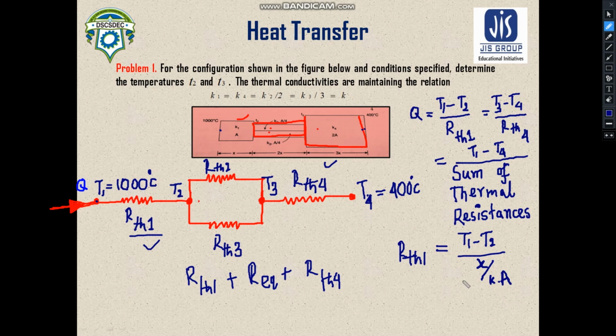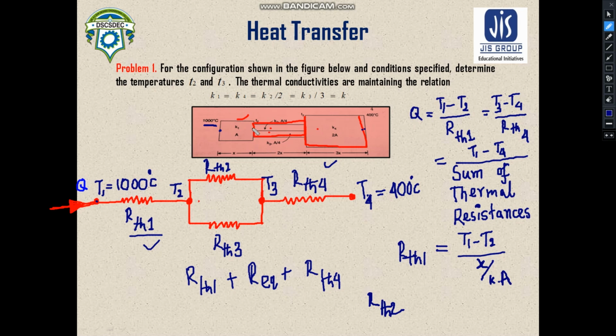into a. So this is the thermal resistance for the plane wall which has a thickness of x and the area of a and a thermal conductivity of k1, and one side of this wall is maintained at 1000 degrees Celsius. Okay, now what would be the thermal resistance of the second case?